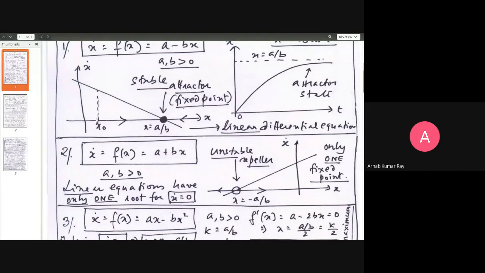Follow carefully. Since x dot is positive for this value of x naught, because x dot is above this horizontal line, x will continue to grow because dx/dt is positive. x will grow in time. If x is growing in time, so if you start with this value of x naught, x can only go to larger values of x.